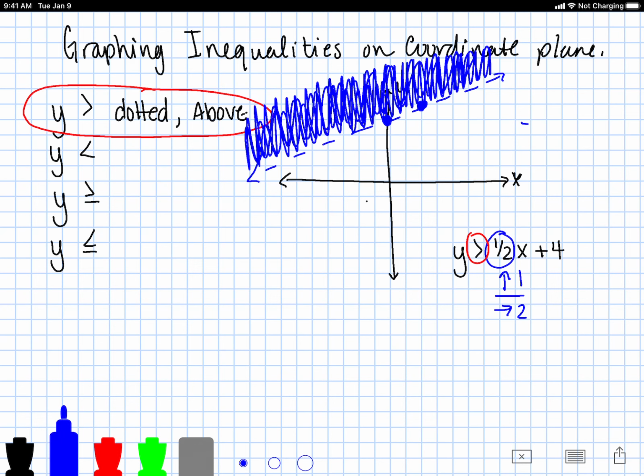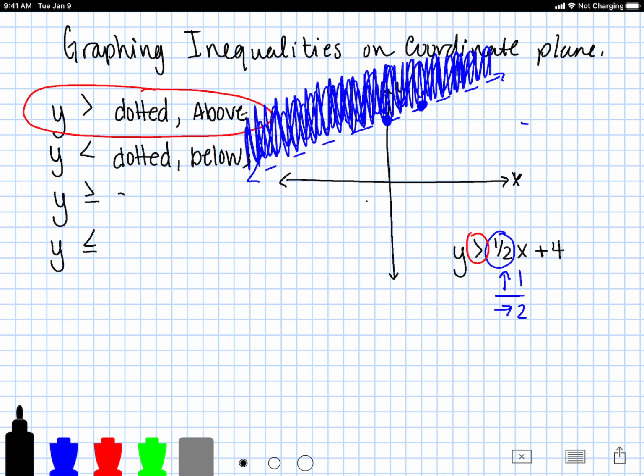Now we're going to determine what type of line to draw and where to shade. The second inequality, the less than sign, is going to be dotted, and we would shade below. Make sure you're jotting these down in your notes so you can refer back to them when you do your assignment. The next inequality, the third one, is greater than or equal to.